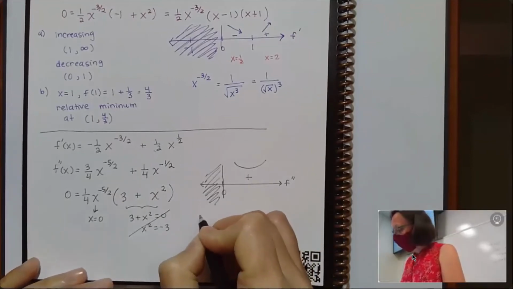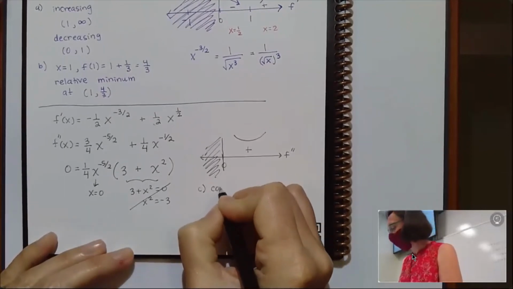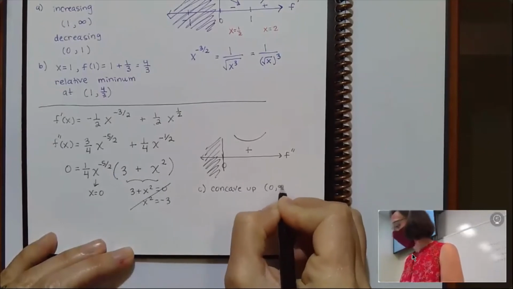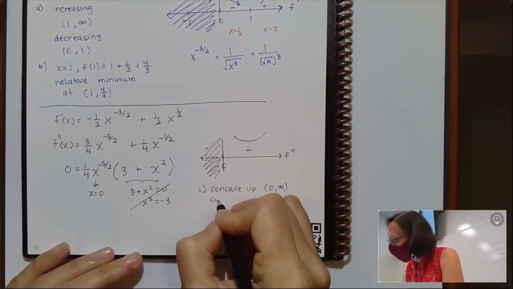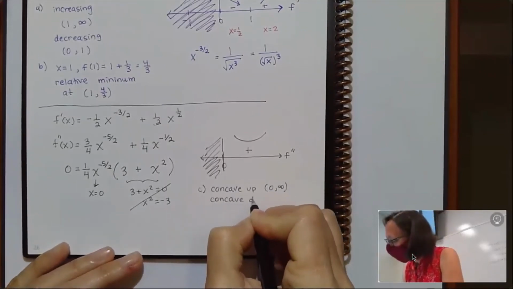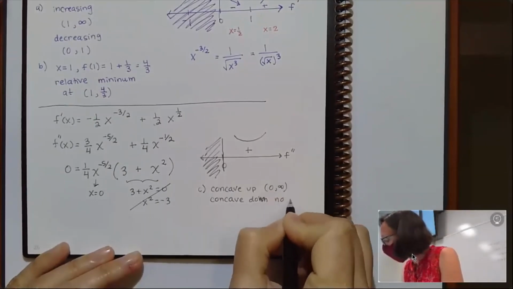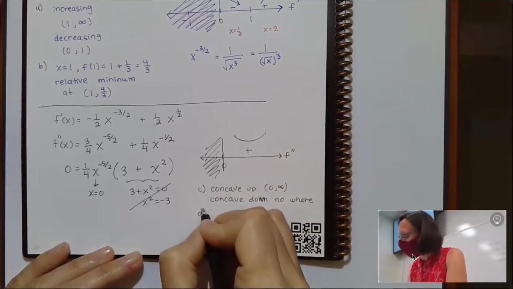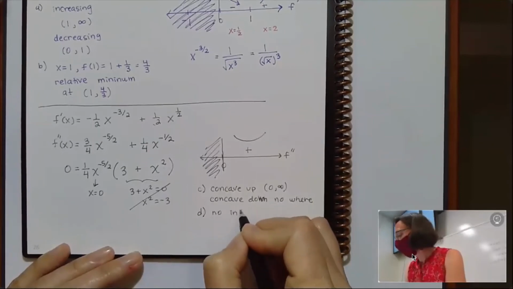So I would say in answer to part C that we're concave up from 0 to infinity. And we're concave down nowhere. And I have no inflection points.